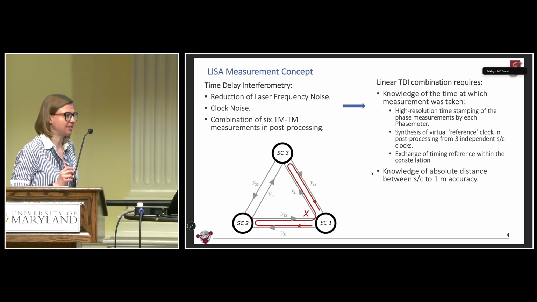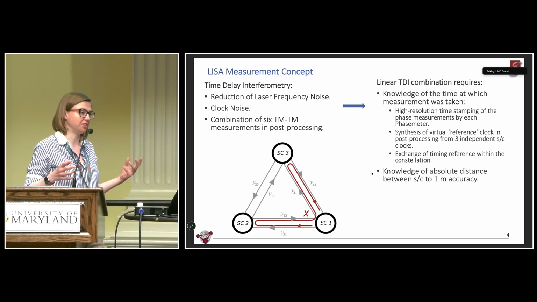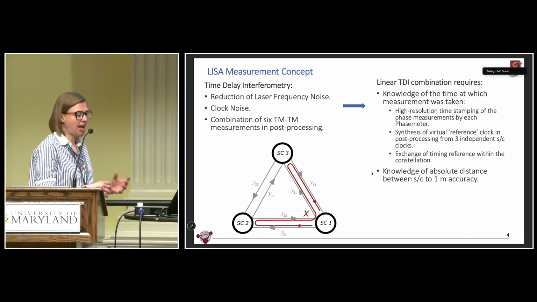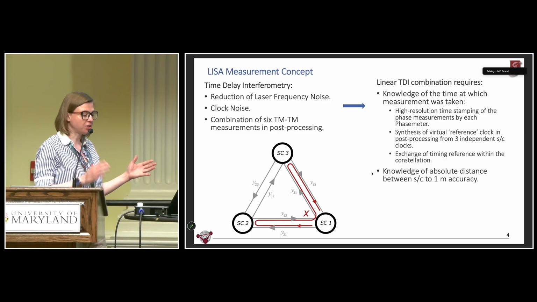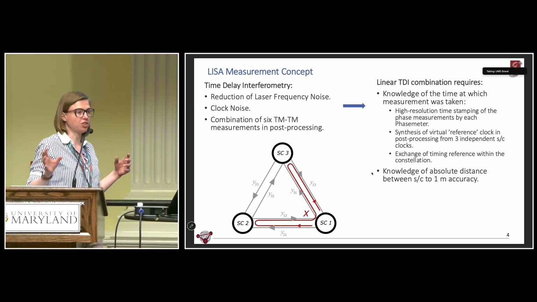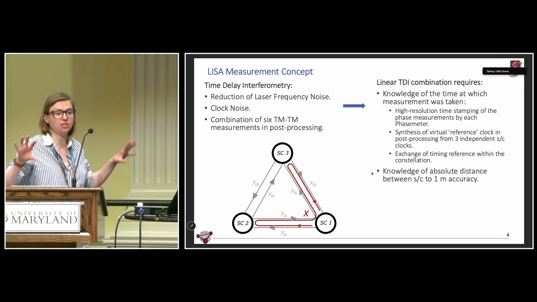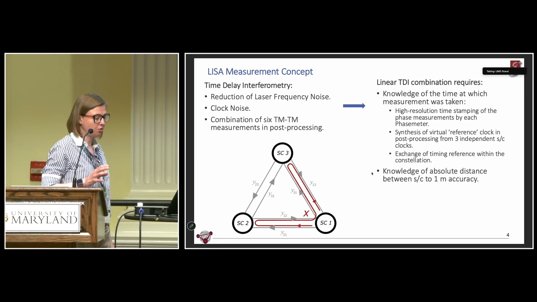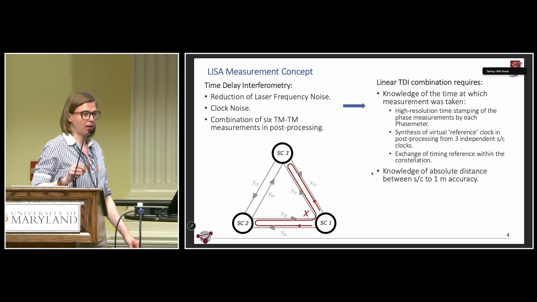And here is a little bit of a problem because each of our spacecraft runs on separate independent clocks. So we not only have to have a high resolution timestamping of each phase measurement, but we also have to have a knowledge of what the clock biases and jitters are in each spacecraft. And for that, we have to exchange information about our clocks through the constellation. We also have to know the absolute distance between spacecraft down to 1 meter.